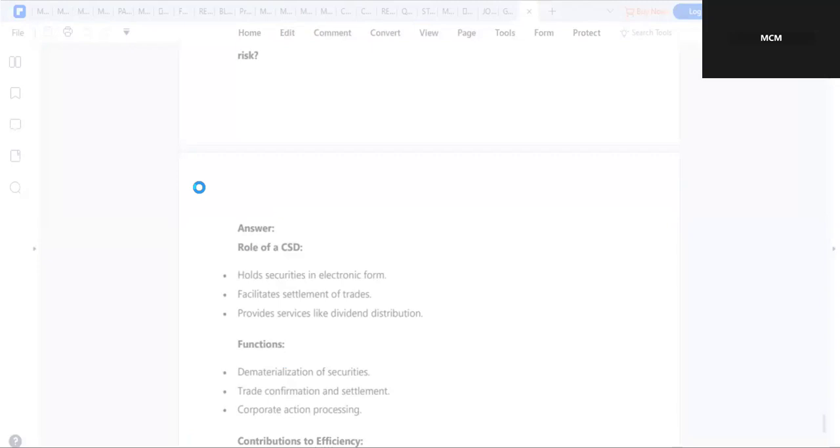Am I audible? Give me the steps involved in banker's acceptance.